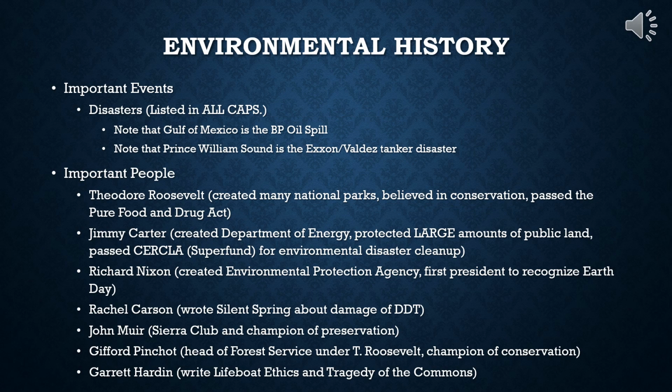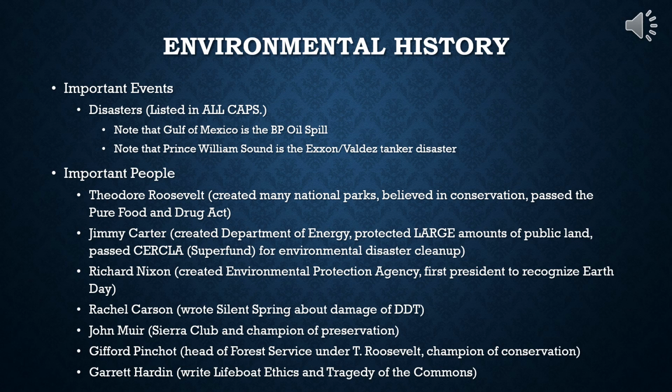One of the things that's important to understand is how events in environmental history have shaped the way that we view environmental issues today. If you review the timeline that was given to you at the very beginning of the school year, it's important to know some important events. The disasters that are listed in all capital letters are important for you to know.